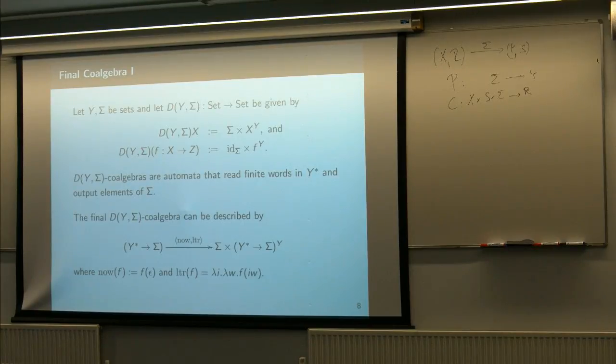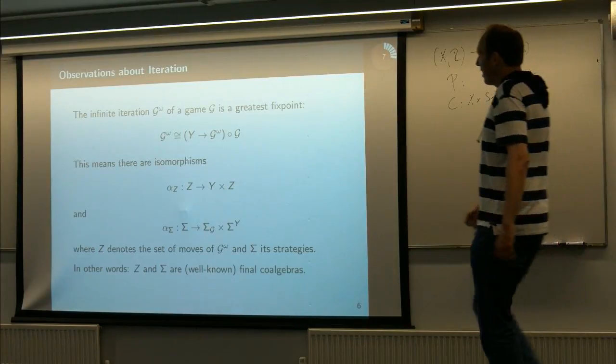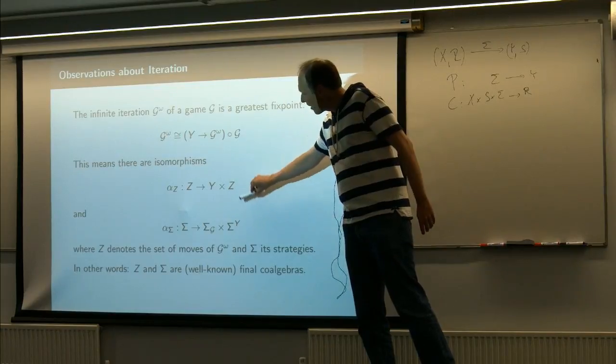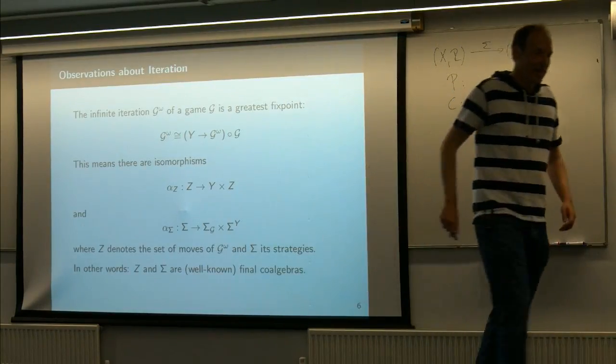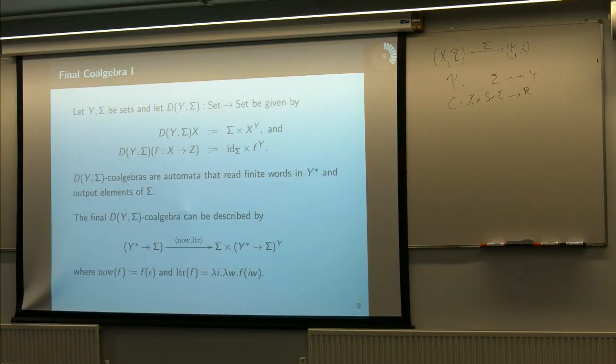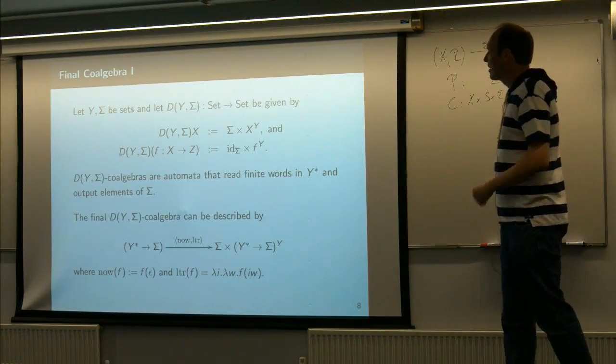So now let me just briefly describe this final coalgebra, let me go back again. What is really essential are the two final coalgebras for these set functors. So what are these final coalgebras? The one final coalgebra, which corresponds to this alpha sigma, is the following.